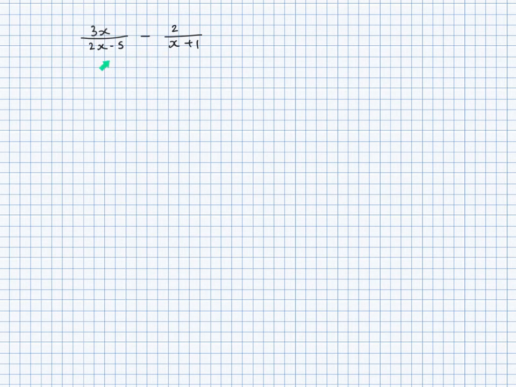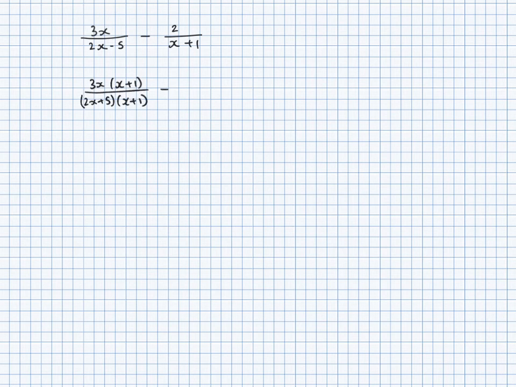So here's another one, looks quite similar to one of the ones that we had before, but this time we've got a subtraction. Now, the common denominator here that I'm going to use is 2x take away 5 times x plus 1. So multiply the first fraction, top and bottom, by x plus 1. So we're going to have 3x times x plus 1, and in the denominator I'm going to have 2x take away 5 times x plus 1.